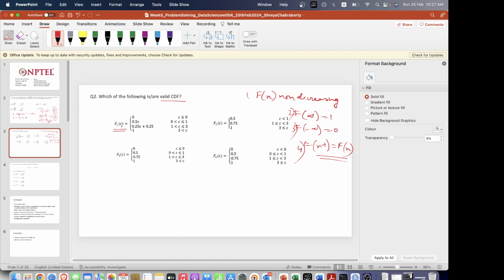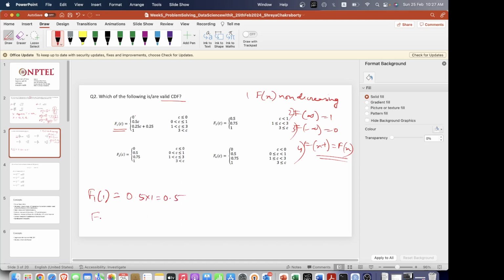Now when c is towards 0, then F1(c) is 0, and when c is greater than 3, it is 1. So these two conditions are followed. Now the next condition is this thing. So let us see if this is right continuous or not. F1 of 1 is 0.5 into 1, that is 0.5.